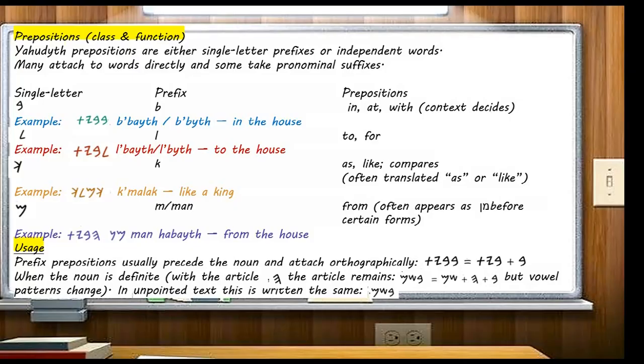The article remains. So let's say, for example, you're talking about in the name, you will say the beith plus the ha'i, and I'm looking at the lower part of the screen here, not able to point on it.